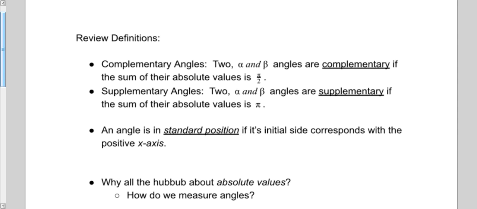Go to QuikTrip. Now, an angle in standard position. It's in standard position if the initial ray corresponds with the positive x-axis. So, I take that angle. Is that in standard position?